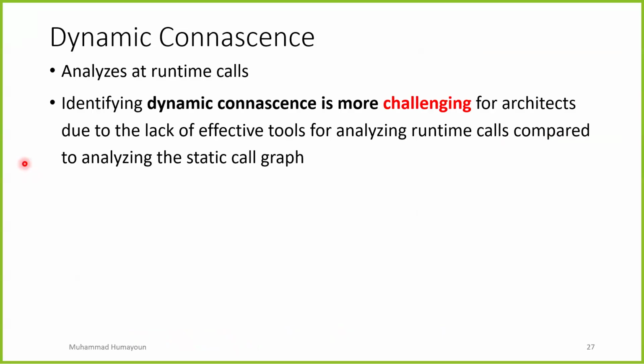So dynamic connaissance is about analyzing runtime calls, and identifying it is more challenging, as I just said, because it happens at runtime. Whatever is happening at compile time, you can see, you can have a static call graph.